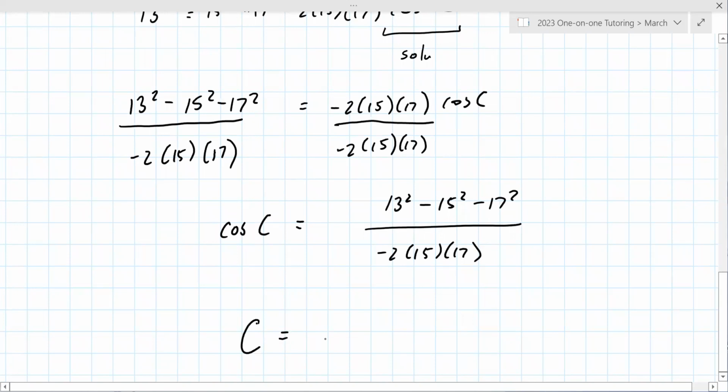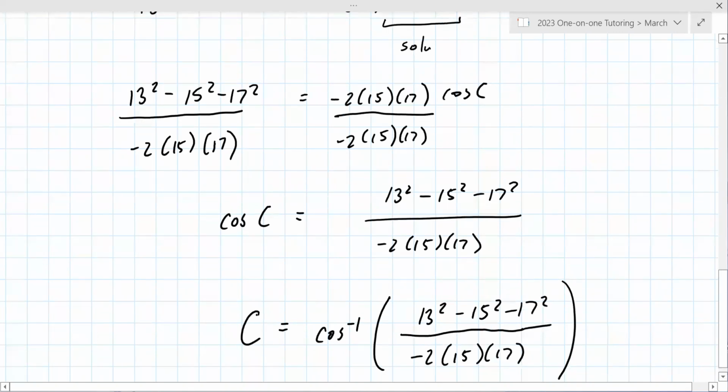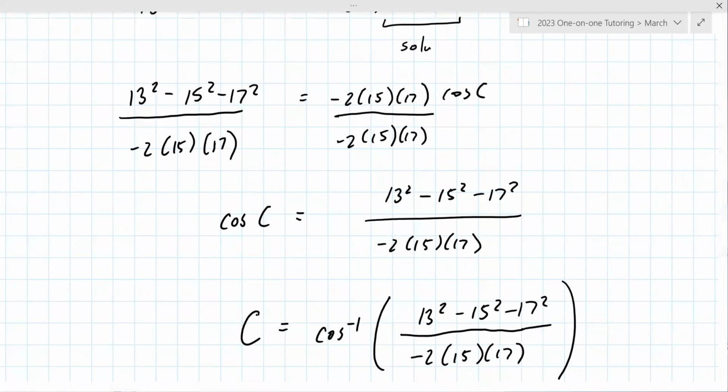C is the cosine inverse, arc cosine, of 13 squared minus 15 squared minus 17 squared over negative 2 times 15 times 17. So try to enter all this in the calculator. It'll be cosine inverse, which is under func for function.